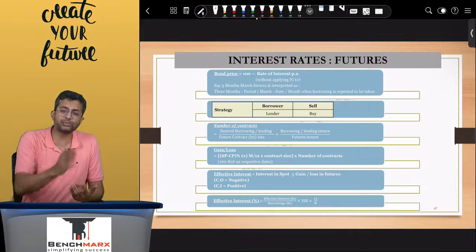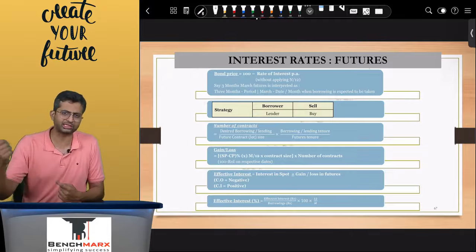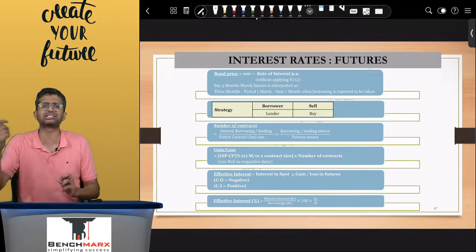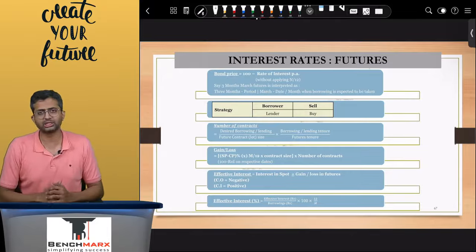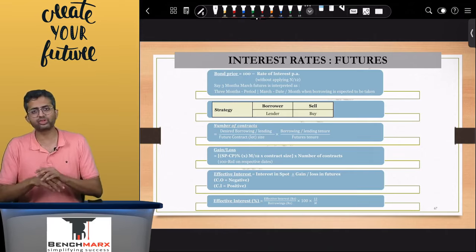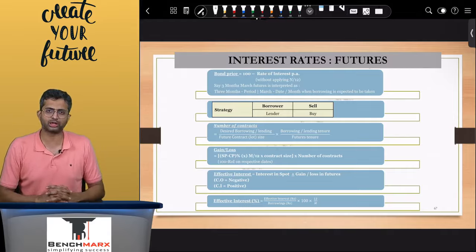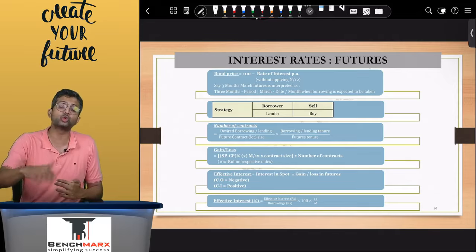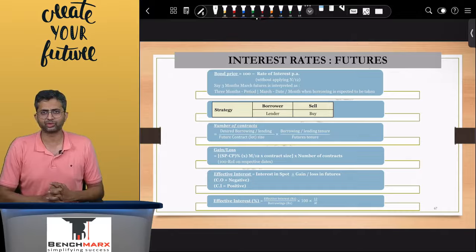However, May futures will be alive in the month of March. You might actually go to the spot market and take the borrowing, and then you can sell or close the interest rate future. So you will take the future which continues up to your date of maturity and goes beyond it as well.